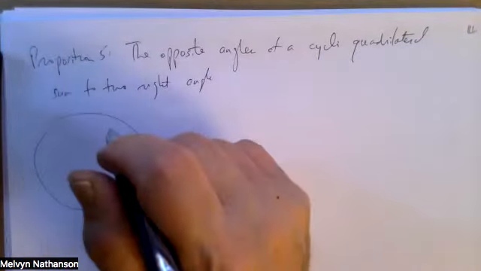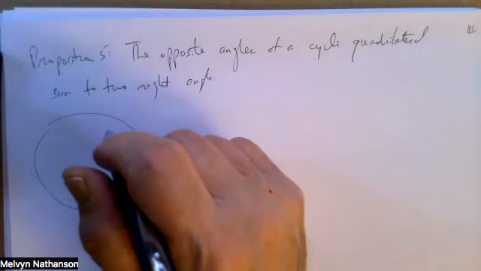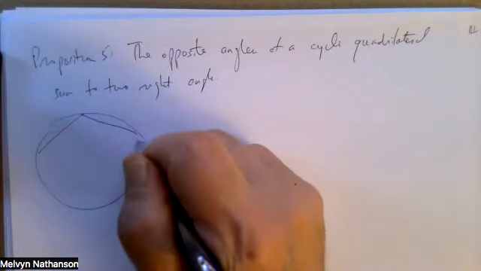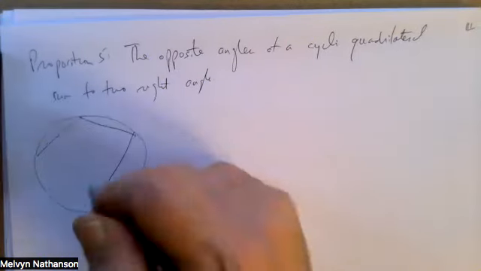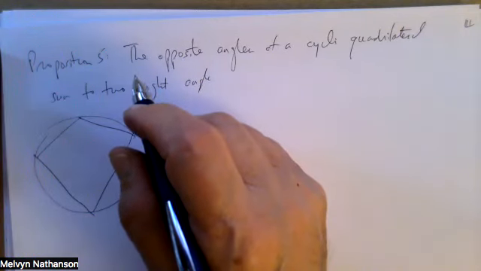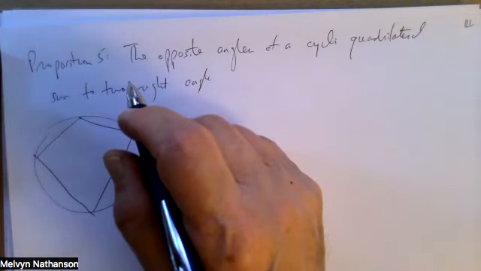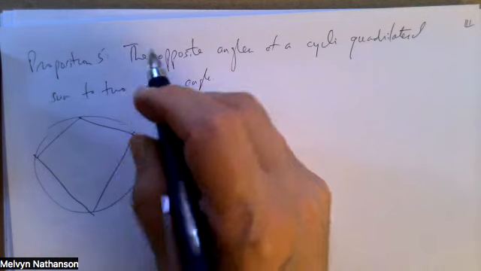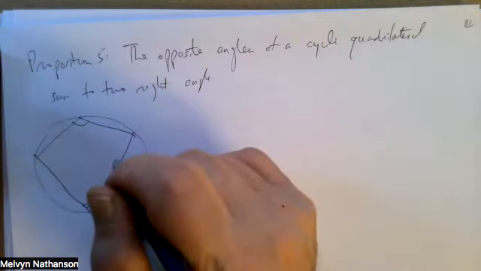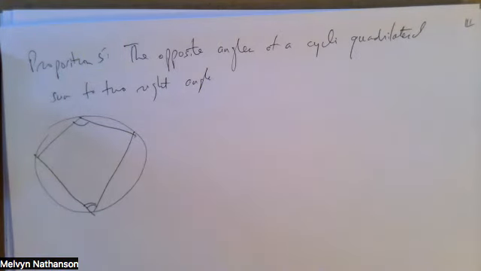So we have a circle. We have a quadrilateral inscribed in the circle. And if you take the opposite angles of this quadrilateral, they add up to two right angles.